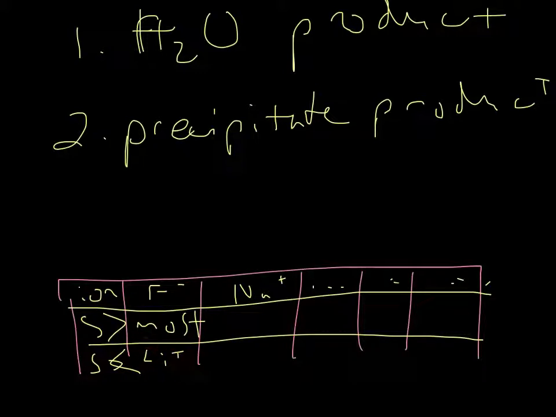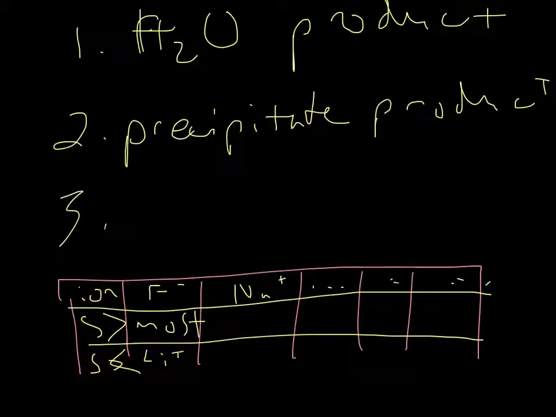Well, lithium is mentioned as an exception. That means lithium fluoride is not soluble, and it makes a precipitate. So that means it's a precipitate product, and probably a double replacement reaction again.